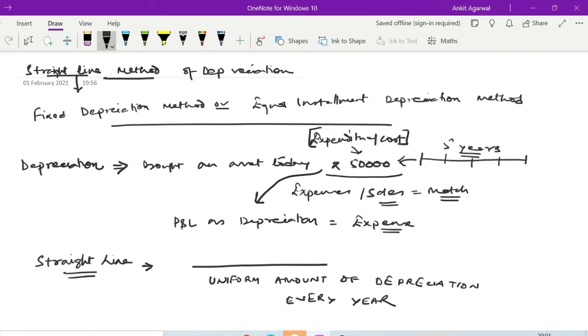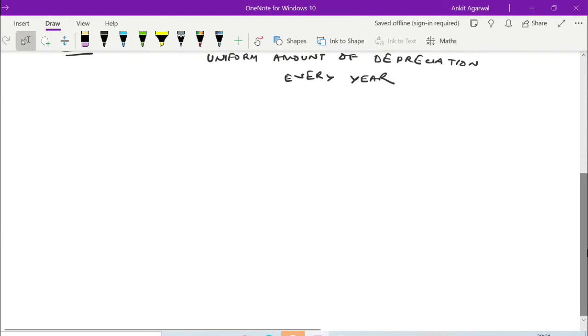It is one of the easiest methods of depreciation because you only need a few variables to calculate the depreciation charged each year. And when I say each year, it means during the useful life of the asset the depreciation amount each year will remain the same, right?